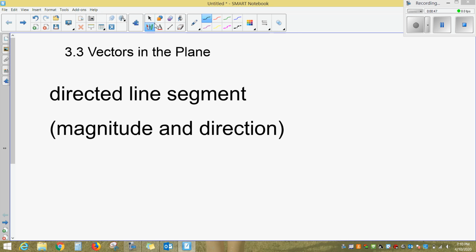When we're drawing a vector, it has an initial point and a terminal point. The initial point is our starting point, and the terminal point is where it ends. Different than just a regular line segment, these line segments are directed.